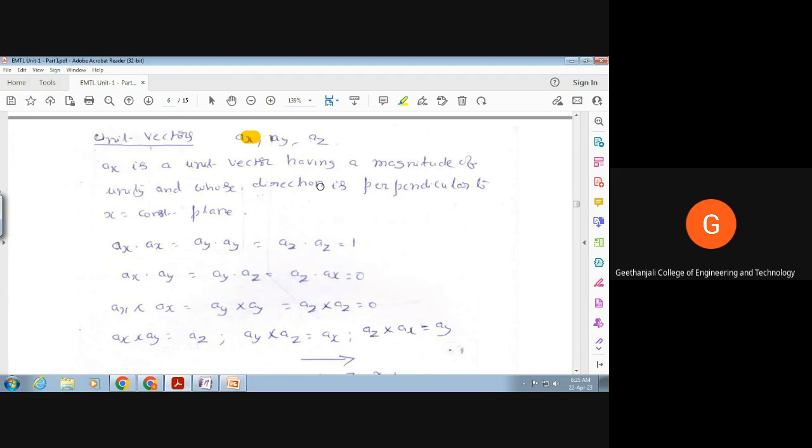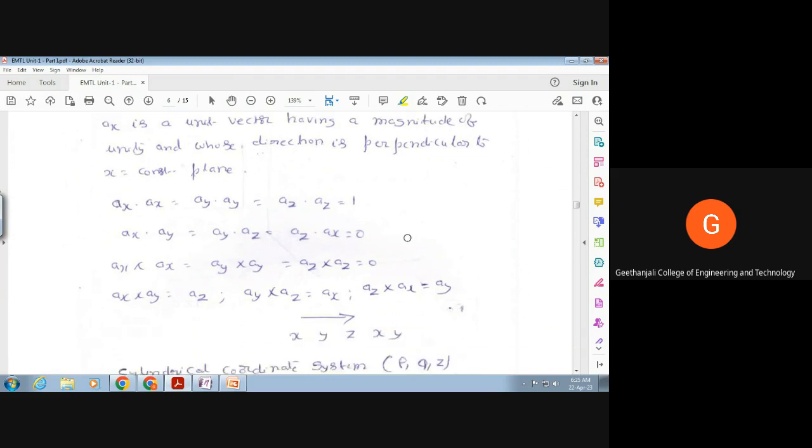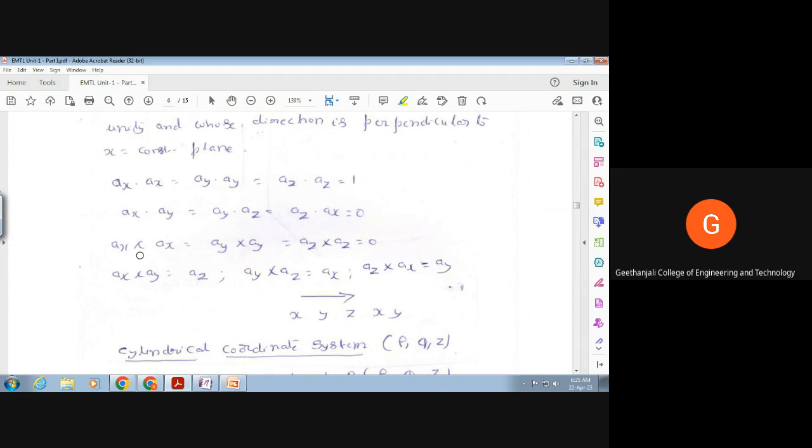If I apply these equations, ax dot ax, ay dot ay, az dot az are equal to 1, and ax dot ay, ay dot az, az dot ax are equal to 0. Similarly, the cross products ax cross ax, ay cross ay, az cross az are equal to 0, ax cross ay is equal to az, ay cross az is equal to ax, az cross ax is equal to ay.